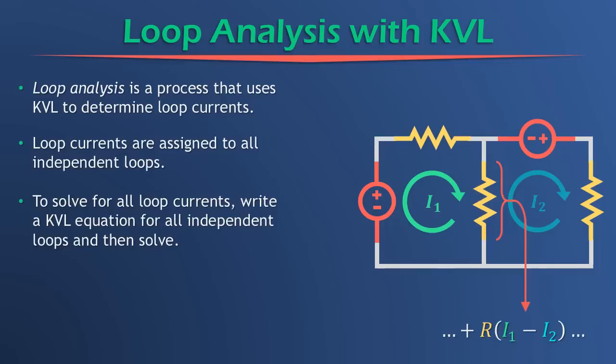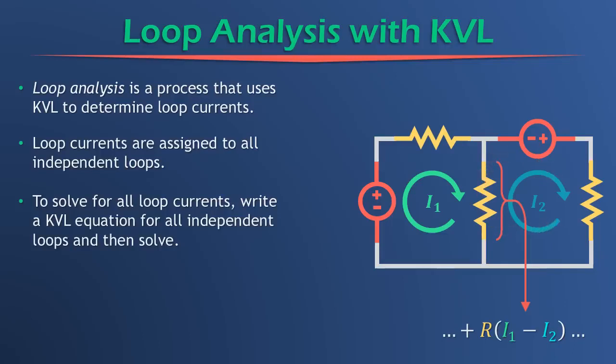Close, but look, I2 is also passing through that resistor. We're not in I2, but I2 has to be considered. So what is the voltage across this resistor? Well, it's the resistance value R times I1, which is in the positive direction, because we're going in the positive direction of I1, minus I2, because I2 is going in the opposite direction of I1.